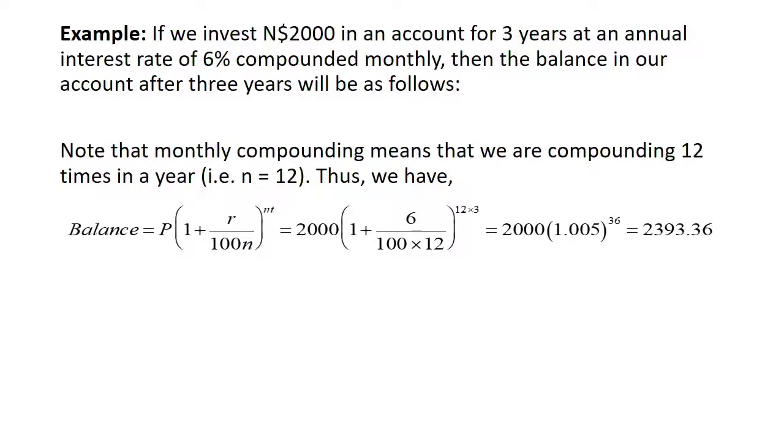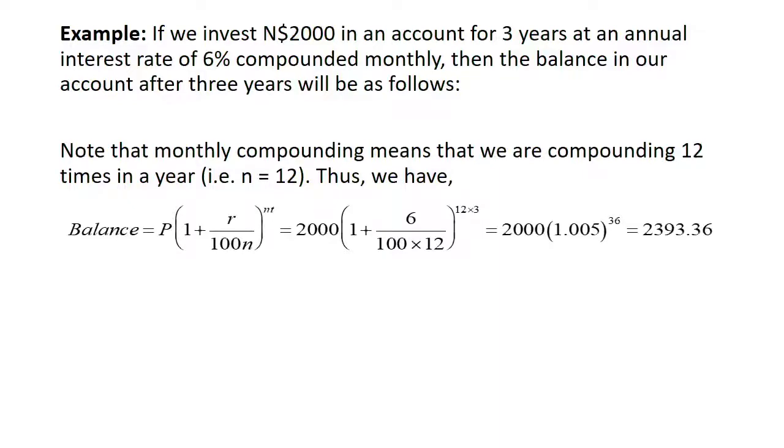And therefore, substituting all this in our formula, we have that the balance that will be in our account at the end of the third year will be 2,393 and 36 cents.